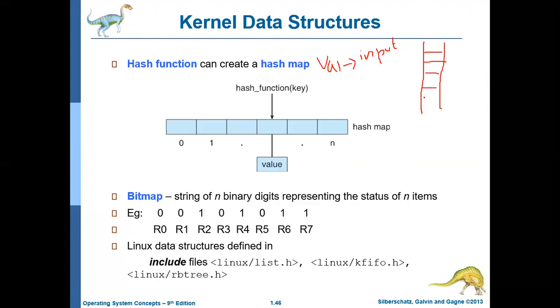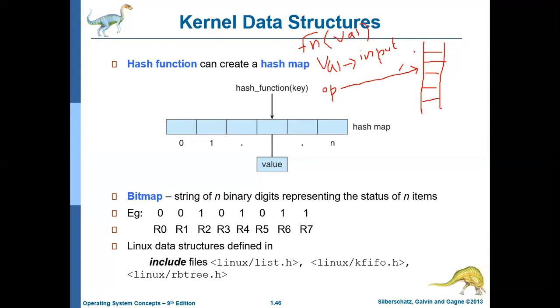So this hash function takes some value as an input and provides some integer as the output. This output will tell the operating system which location it has to access. For example, if the output is some x, then it may access this location if x refers to this location.